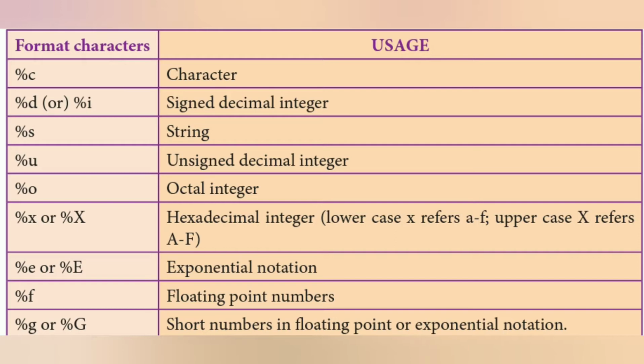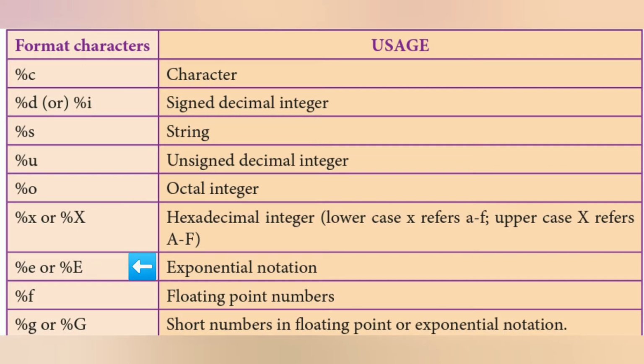For a character variable, percentage c is used. For an integer variable, percentage d or percentage i is used. And for a string variable, percentage s. And for an unsigned decimal integer, percentage u. And for an octal integer, percentage o. For a hexadecimal integer, percentage x in capital or small letter.